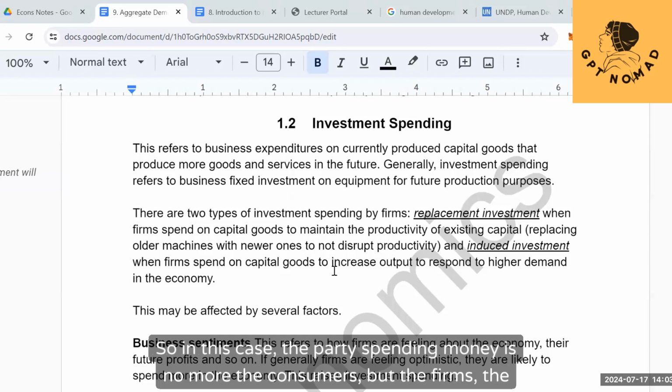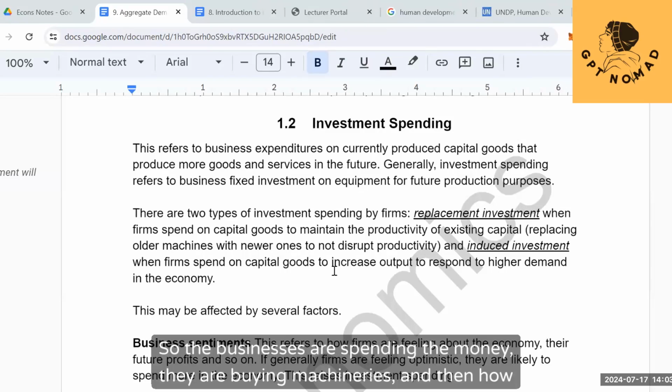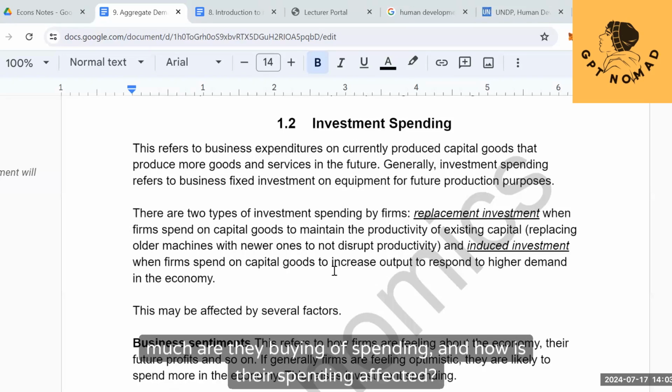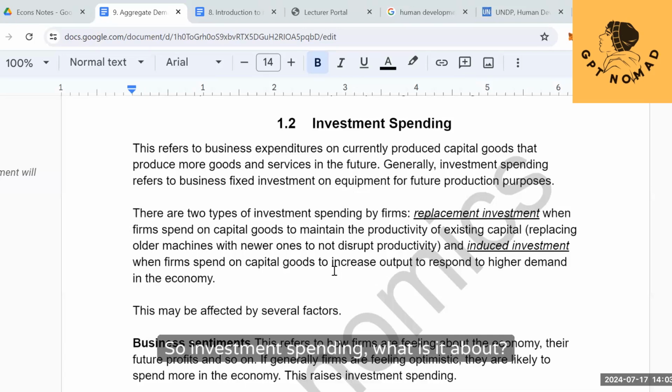So in this case, the party spending money is no more the consumers, but the firms, the businesses. So the businesses are spending the money, they are buying machineries, and how much are they buying? And how is their spending affected? So investment spending is about the firms buying machineries or capital goods.